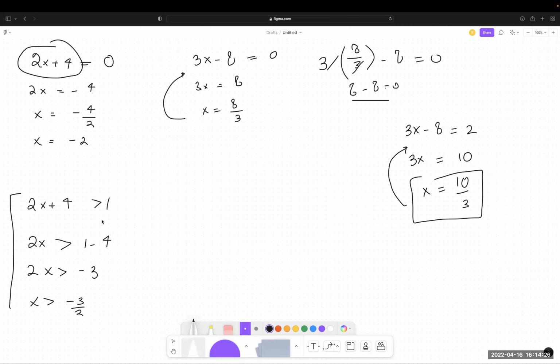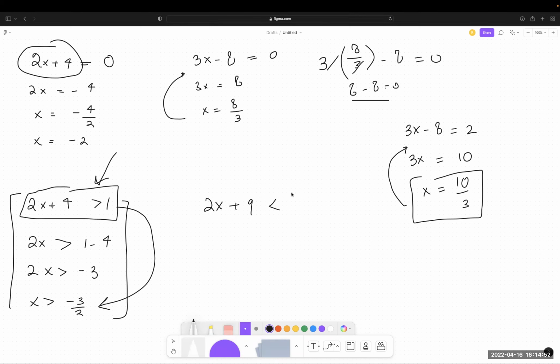So what this is telling us is, look, you want to know when it's greater than 1. Well, guess what? Just solve for x. You can choose any x value you want, as long as it's greater than -3/2, and the result, after you input that value, will be greater than 1. What if I wanted to find out when 2x plus 9 is less than 1, right?